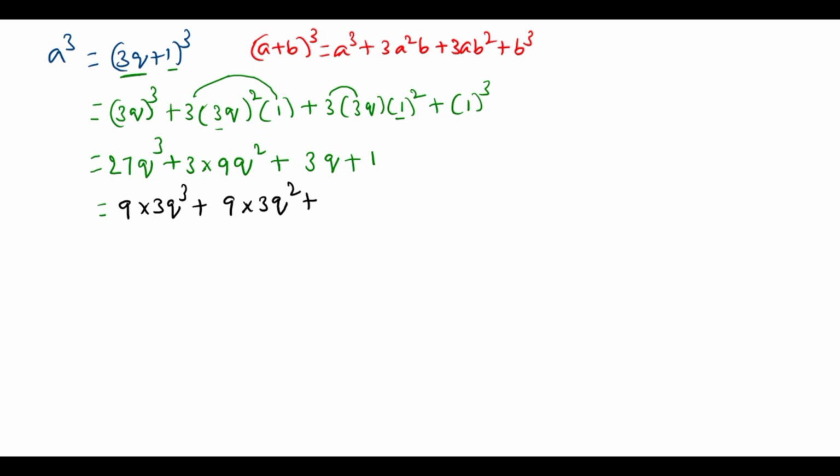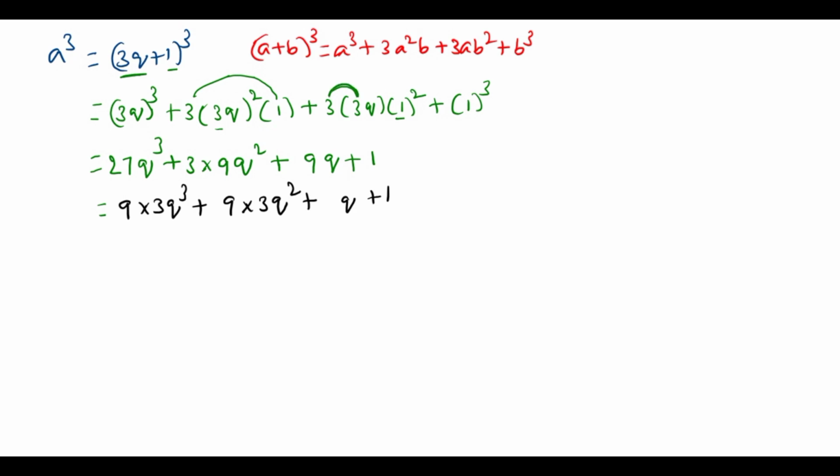plus 9q plus 1, okay. Sorry, this is 3 3s are 9 here, a small correction. Here we get 9q, right? Because 3 3s are 9, so that's the reason we write 9q here also.